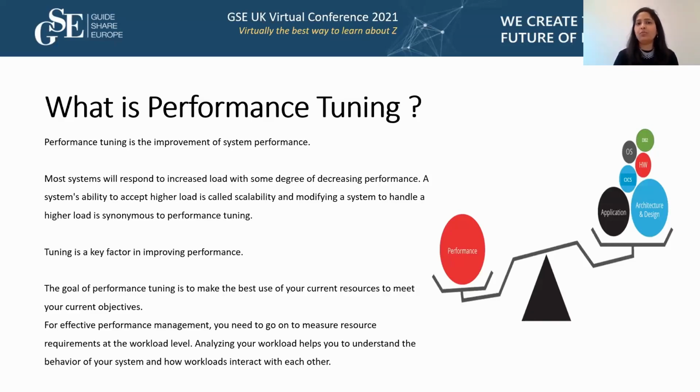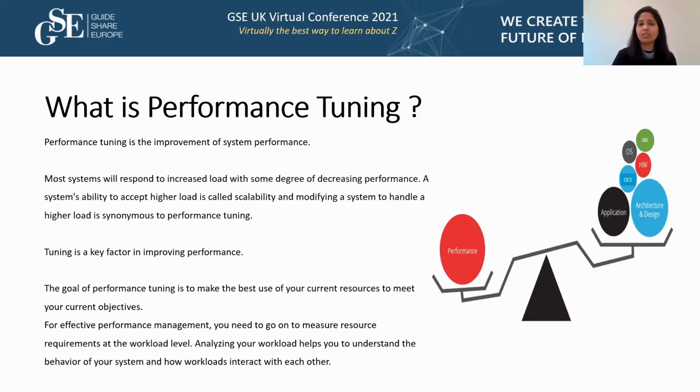The goal of performance tuning is to make the best use of your current resources to meet your current objectives. For effective performance management, you need to measure your resource requirements at the workload level and even the system level.